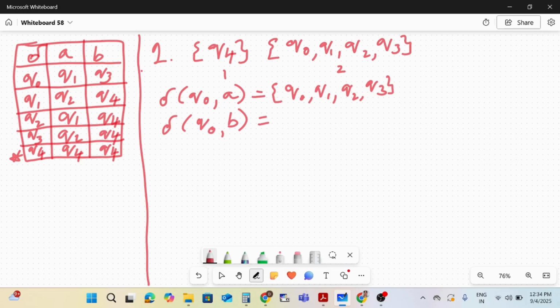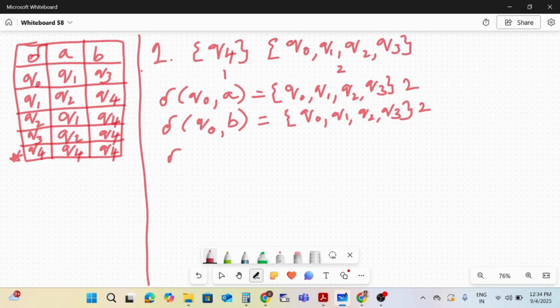So it is going to class 2. Similarly, Q0 with B goes to Q3, so this is also going to class 2. In the initial partition, we say that these are all equivalent.